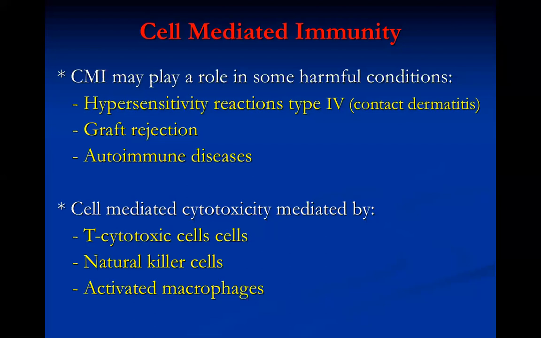And we also have the activated macrophages. Previously, I mentioned to you that macrophages are key in phagocytosis, but in this scenario, these macrophages have to be triggered to be activated before they can carry out their tumoricidal effect or bactericidal effect in case they're responding to tumor or the intracellular bacteria respectively.